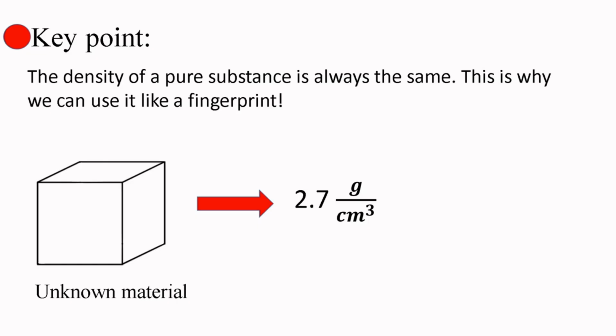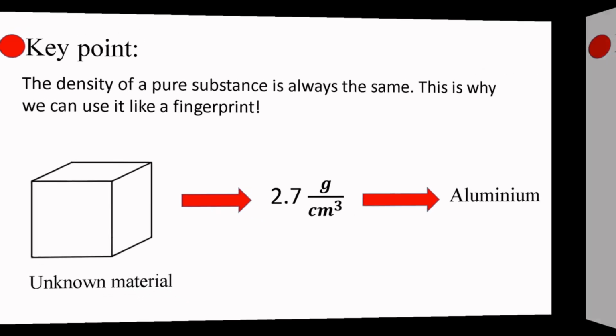If I do that, I would realize that this object has the same density as aluminum, and because this characteristic is a fingerprint and each pure material has its own unique density, I would realize that this unknown material is aluminum because it has the same density as aluminum.